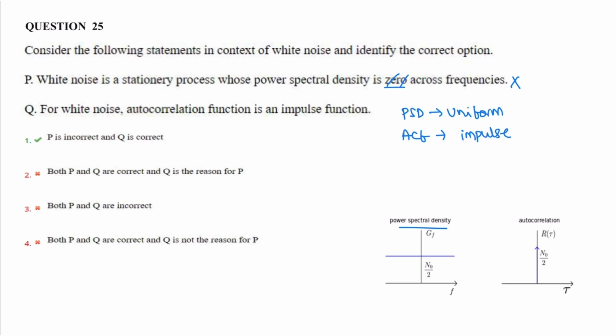So P is incorrect, Q is correct. So this is the autocorrelation function of white noise. Power spectral density and autocorrelation function representation for white noise.